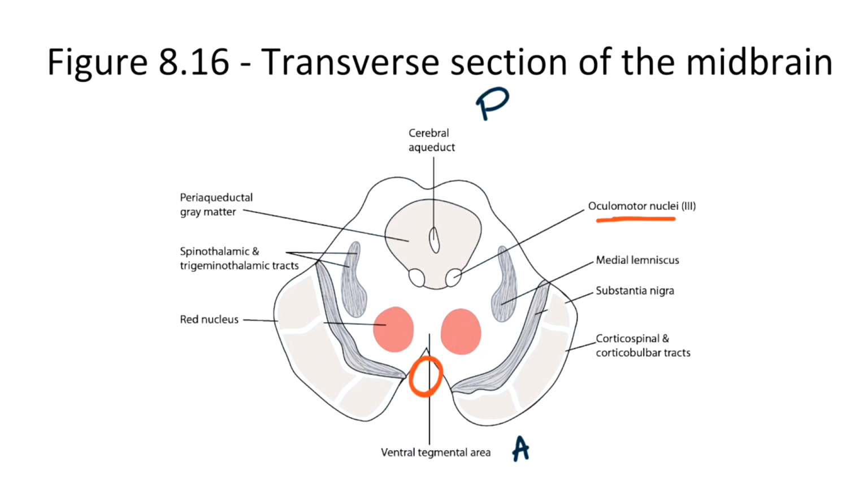The reticular formation is a group of many nuclei throughout the brainstem, so it can't be easily identified on one image like this. The tegmentum is also a general area within the brainstem, but on this section of the midbrain, it's located throughout this region of the white matter here.